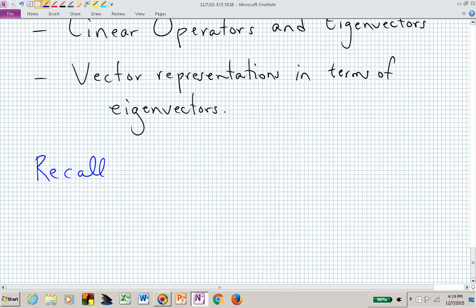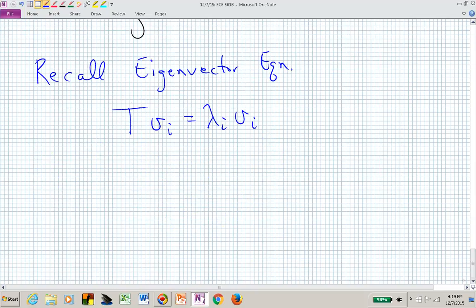Okay, you might be thinking about this defining relationship between an operator, vectors, and eigenvalues. So we might then recall the eigenvector equation, which says T v sub i is equal to lambda sub i v sub i. v sub i is this finite dimensional vector, lambda sub i is the scaling.